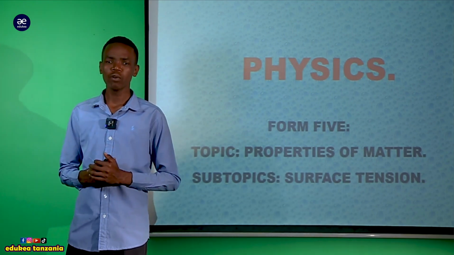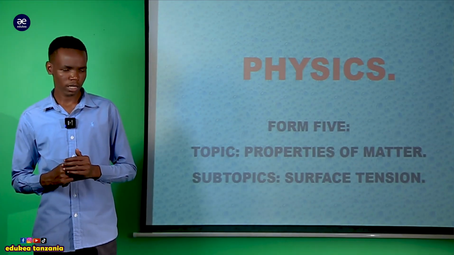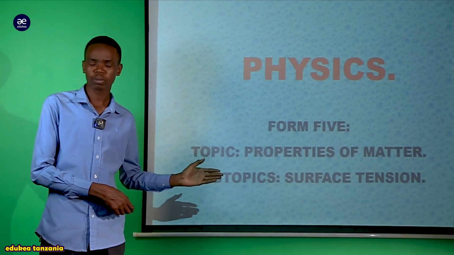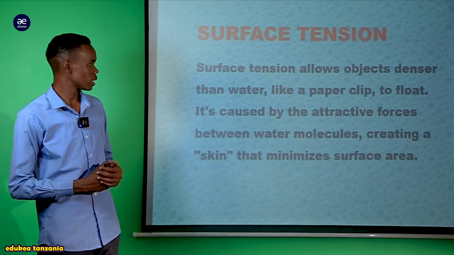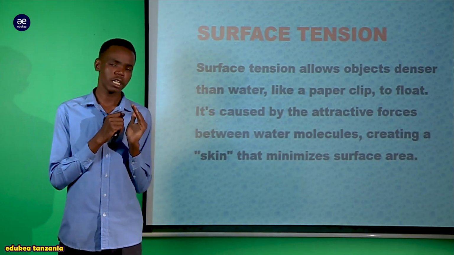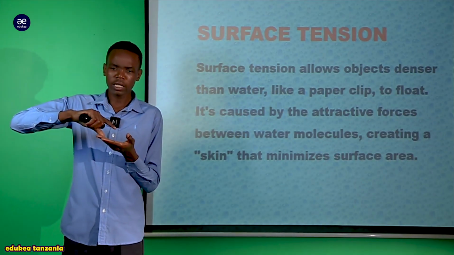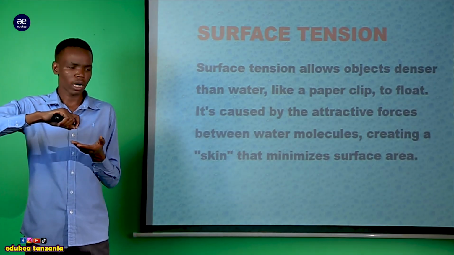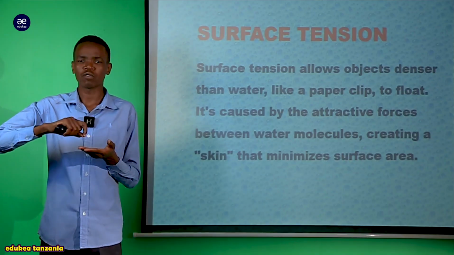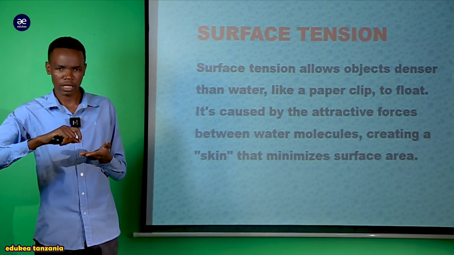But before we proceed, let us start with the new subtopic, which is called surface tension. When we talk about surface tension, my dear student, this is the ability of a liquid to behave like a stretched elastic skin.